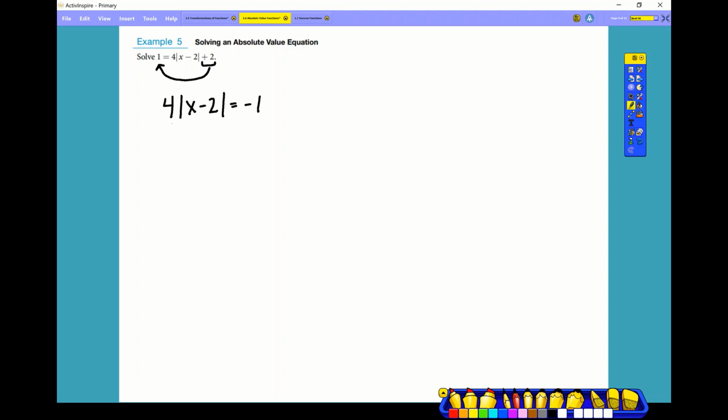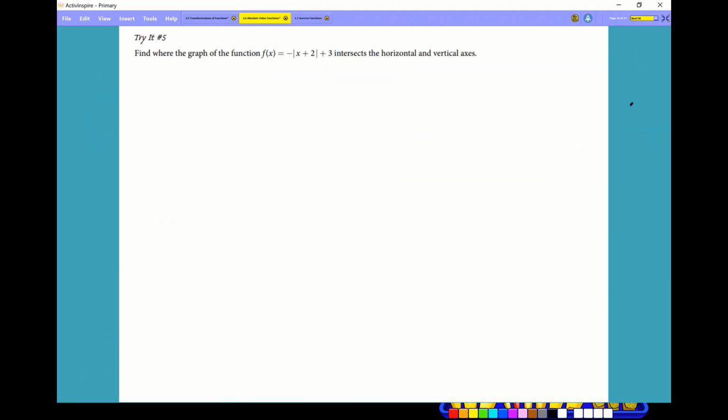And for those of you that noticed something, that's totally fine, but I'm going to keep going. We're going to divide by 4. Now notice, now that I have the absolute value alone, I have a negative. That's not good. So there's no solution. And that's what no solution looks like.